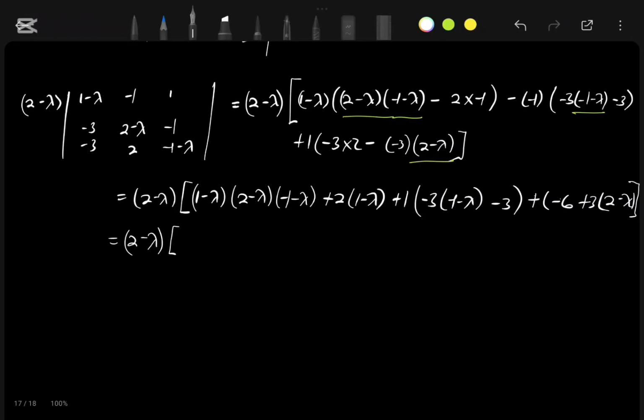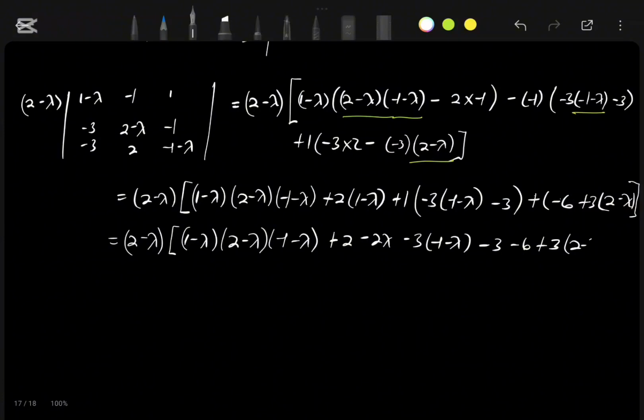We group like terms. We have 1 minus lambda, 2 minus lambda, minus 1 minus lambda, plus 2 minus 2 lambda, then we have minus 3 into brackets minus 1 minus lambda, minus 3 minus 6 plus 3 into bracket 2 minus lambda.